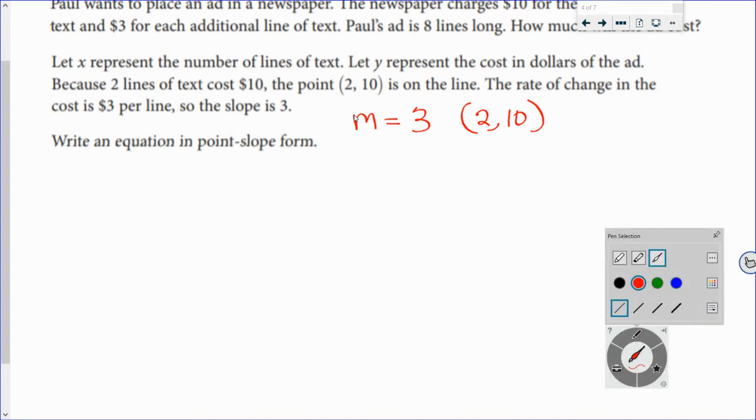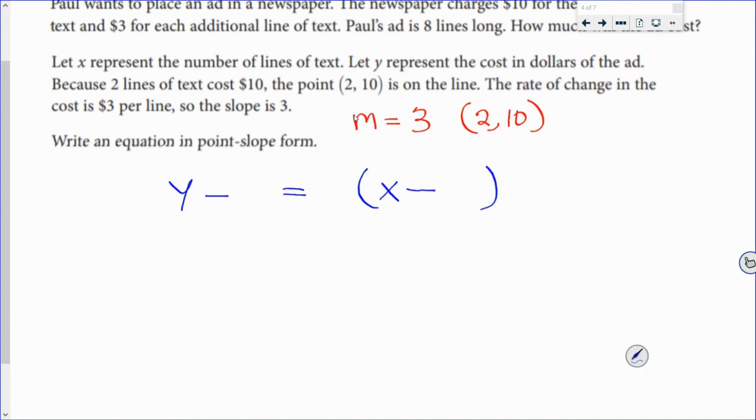Now I mentioned to you already that the way I would go about this, before I do anything, knowing I'm going to use this form, I'm going to write down the point-slope form of the equation and write down the parts I know that never change. y minus, equals, I'm going to put the slope in front of the parentheses, (x minus, close parentheses.